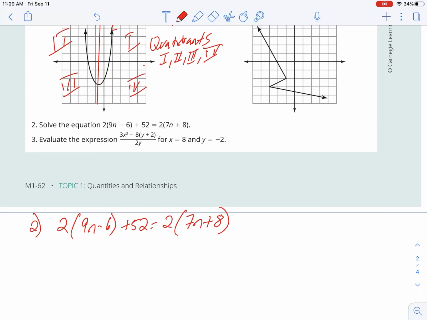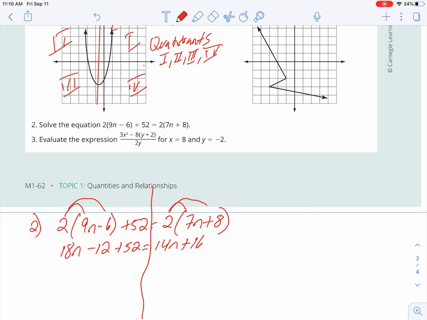So in this regard, first thing I notice is we have parentheses. To get rid of parentheses, we use our distributive property. 18n and 2 times negative 6 is negative 12. Right-hand side, we have parentheses. So we distribute. Okay, from there on the left-hand side, negative 12 and 52.